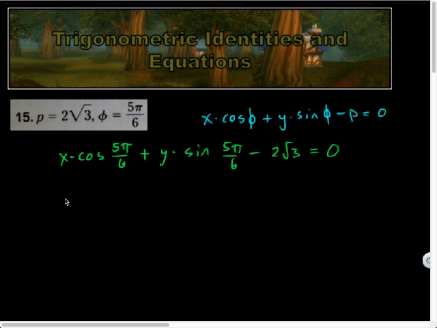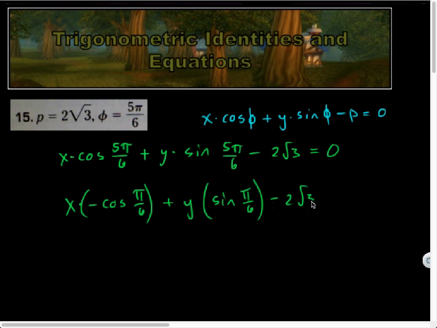Now, cosine of 5 pi over 6 is a second quadrant angle, so cosine's negative, and its reference angle is pi over 6, which gives root 3 over 2. Plus y times sine, which in the second quadrant is positive, with reference angle pi over 6, which is 30 degrees.